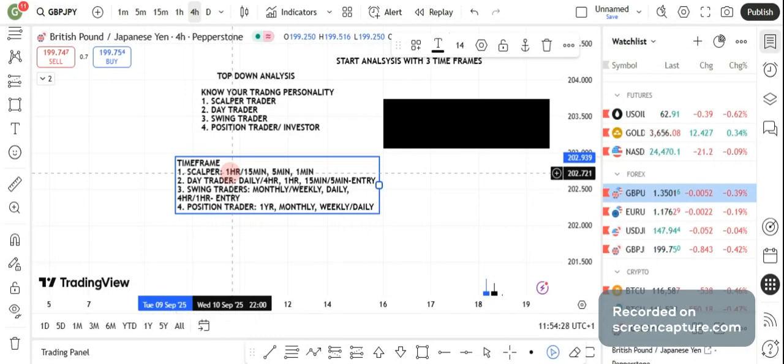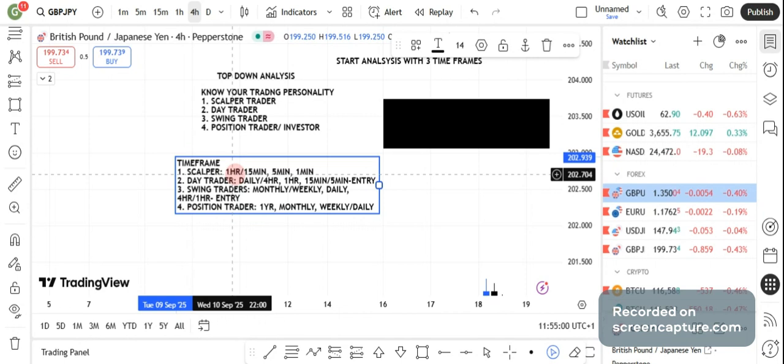Now, let's say today is Monday and a scalper wants to take a trade. The first thing a scalper will do is go to the higher time frame. So he might use the 1 hour time frame. The 1 hour time frame lets the trader understand the trend of the market, the trend of that currency pair he wants to trade, or the cryptocurrency the person wants to trade.